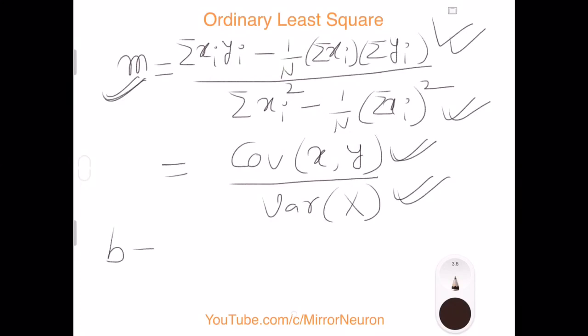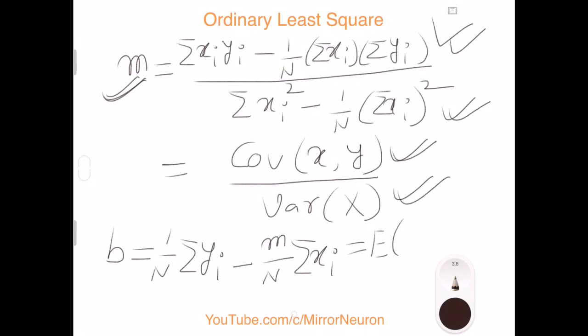Similarly, if you notice, b is nothing but 1 over n summation of the output values minus m over n summation of xi. This is nothing but the mean of the original output value minus m times the mean of the TV ads in this example.